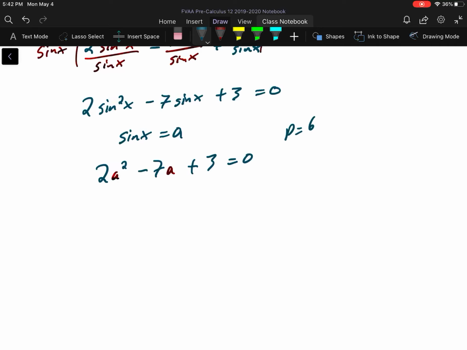So the factors I have need to have a product of 6 and a sum of negative 7. The numbers are negative 1 and negative 6. So I'm going to split my center value here into negative 1A and negative 6A.